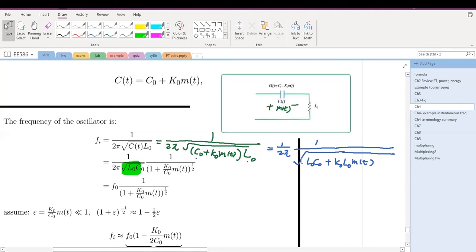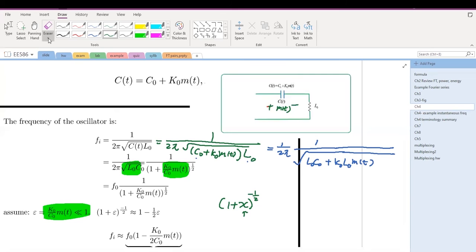I didn't write the square root in this long notation; I have the power of a half here. Next, we design the circuit such that this term is very small. If x is small, I have the relationship (1 plus x) to the power of minus half, because the whole square root is in the denominator, so it's really the power of minus half.